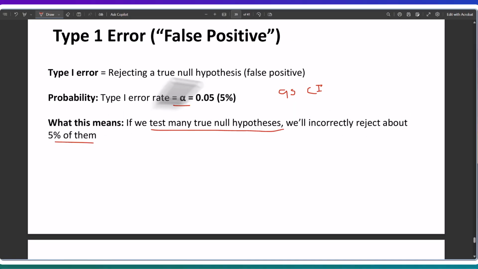That's what the type 1 error is. If we go to 99% confidence intervals, that means that our alpha will equal 0.01, and we would only reject 1%. So as you increase your confidence level, you're going to decrease your type 1 error rate, that false positive.